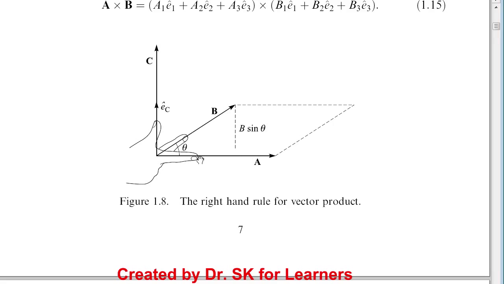You see here the angle between these two vectors is theta.